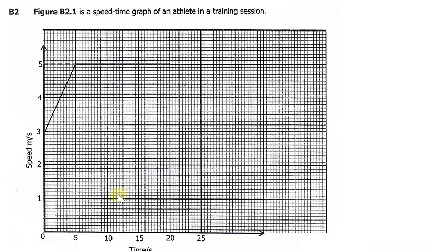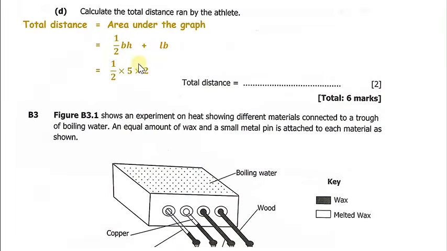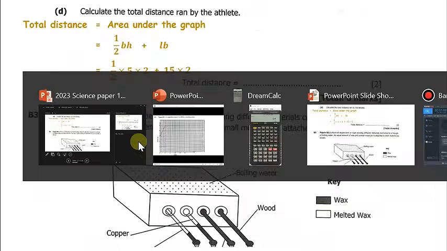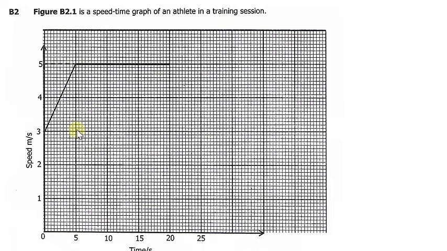So that's why we had to put a 2 here, then plus 15 times 2, length times breadth. From here up to here is the length, and from here up to here the breadth is 2. From here 5, then 10, then 15, so the length is 15.